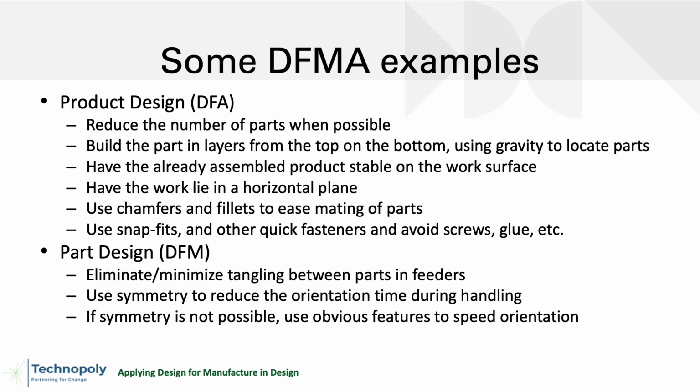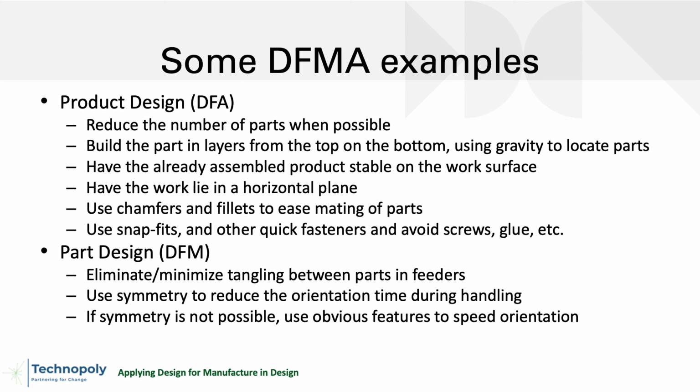Some DFMA examples could be as follows. In terms of product design, where we use design for assembly, we can reduce the number of parts when possible. We can build in layers from the top to the bottom, using gravity to locate the parts. We can have the assembled product on a table work surface so that it's easier to put together.